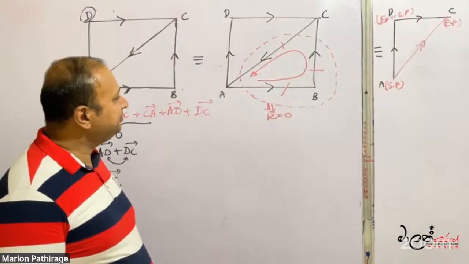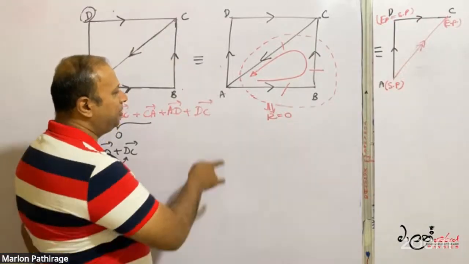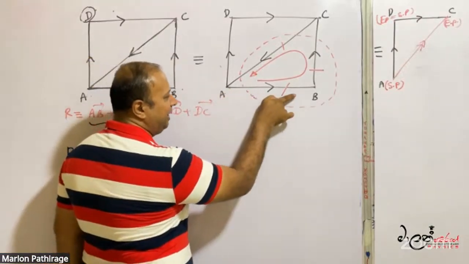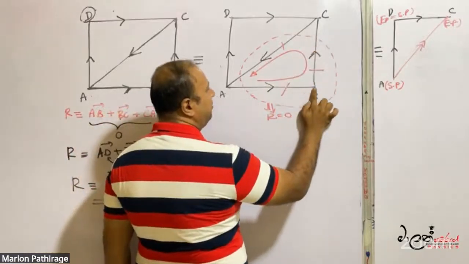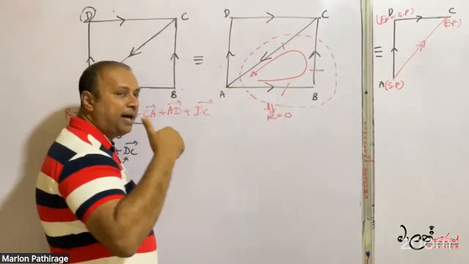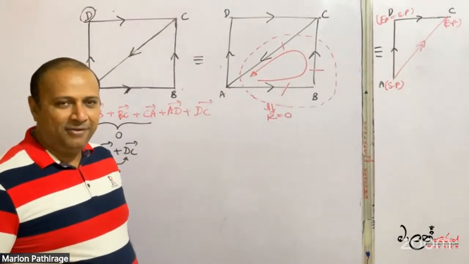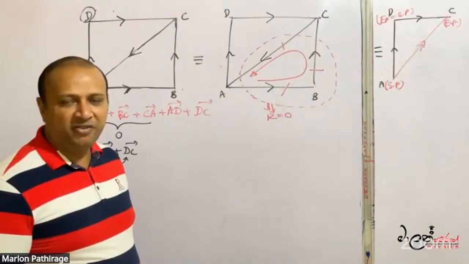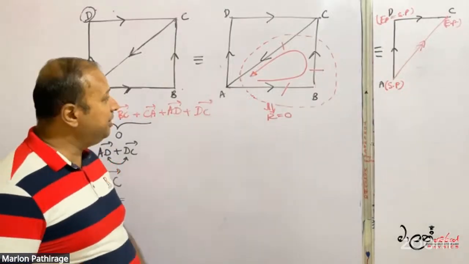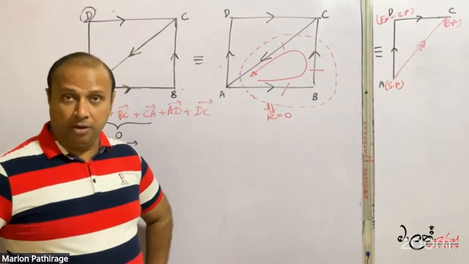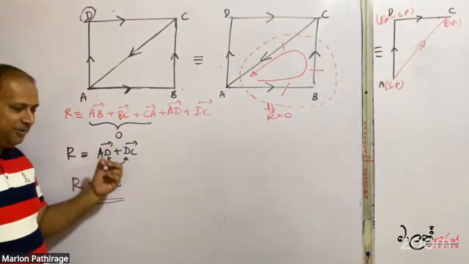Now, it is very clear. If we consider A to B, B to C, and C to A, I can add them. The resultant vector is 0, so we can remove all of them, because the addition is 0.